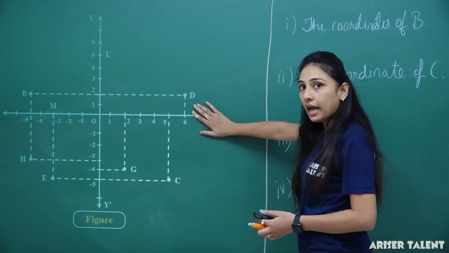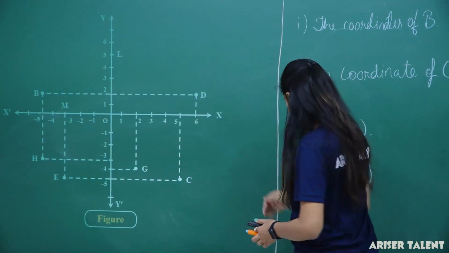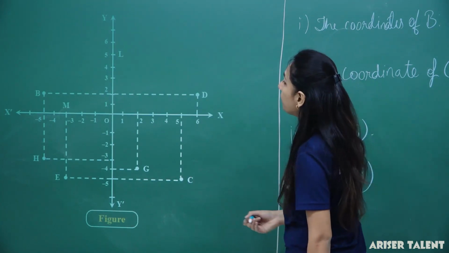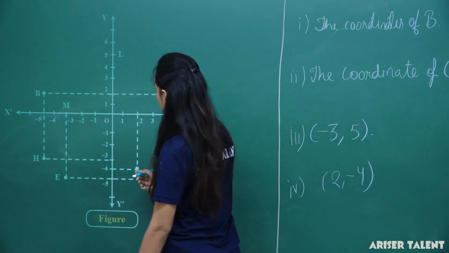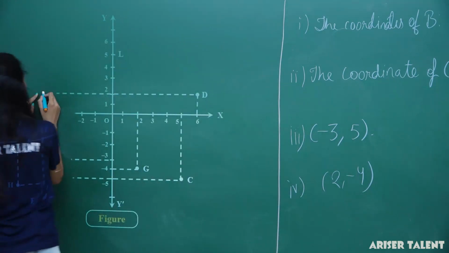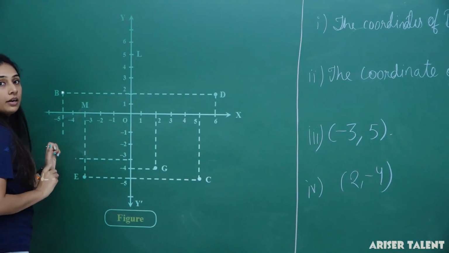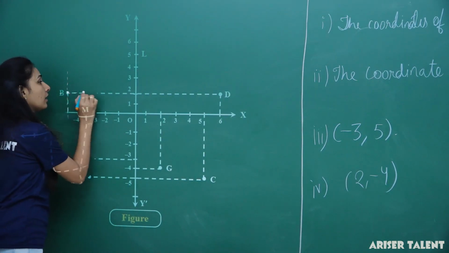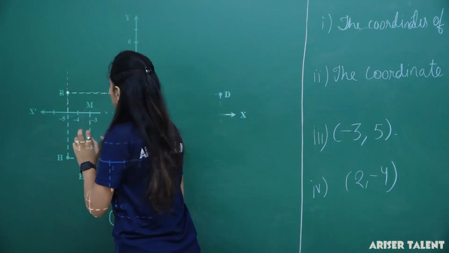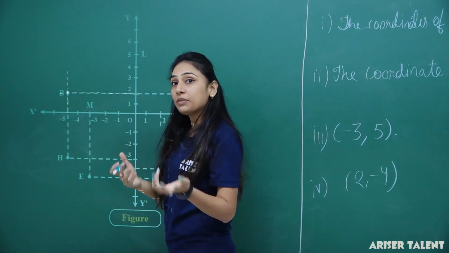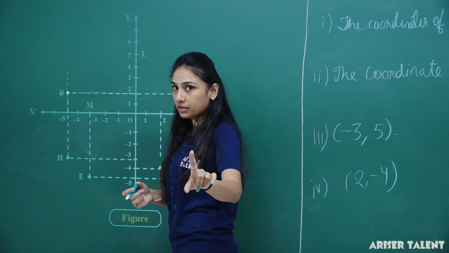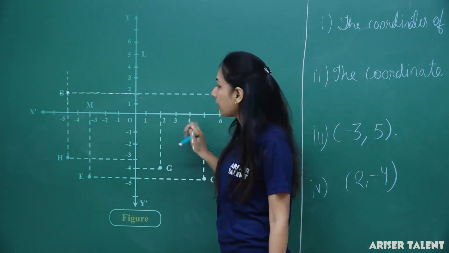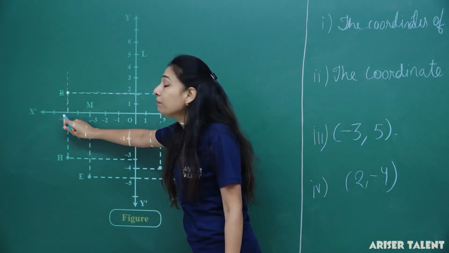Here's our diagram. First, we have to write the coordinates of B. Find the point B. Here I have got point B. Now this point B has an abscissa and an ordinate. First the abscissa: on the x-axis, this point lies on -5.